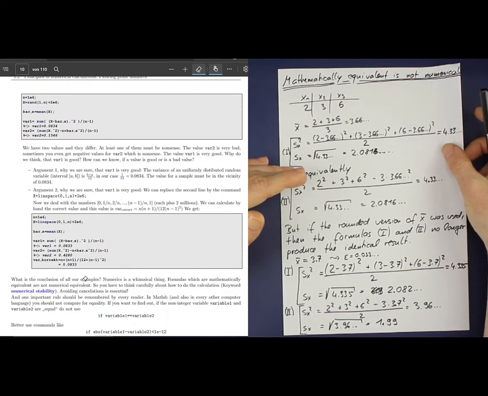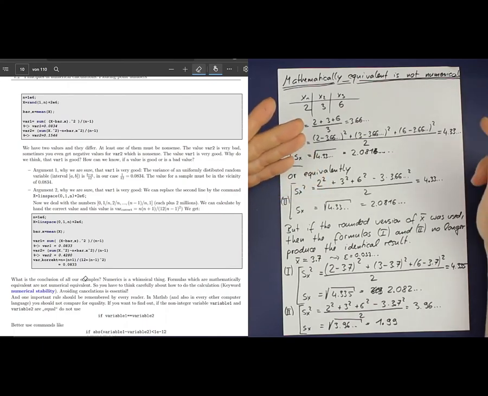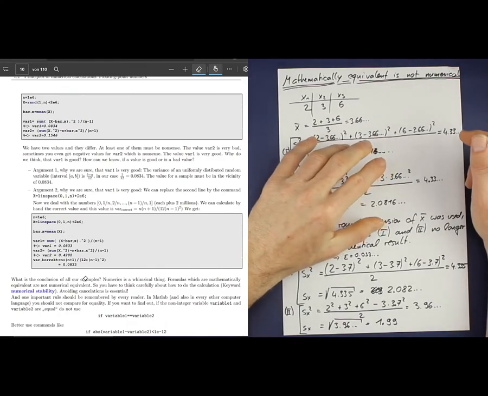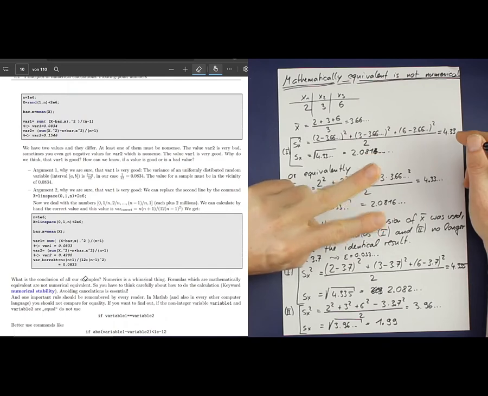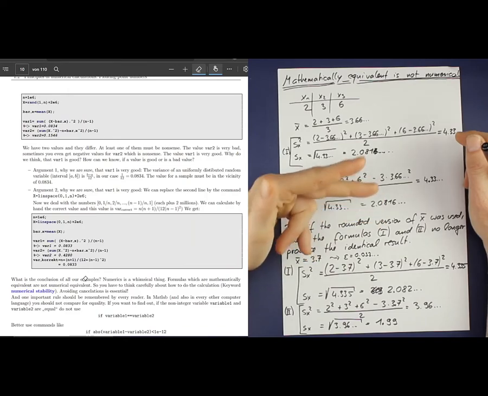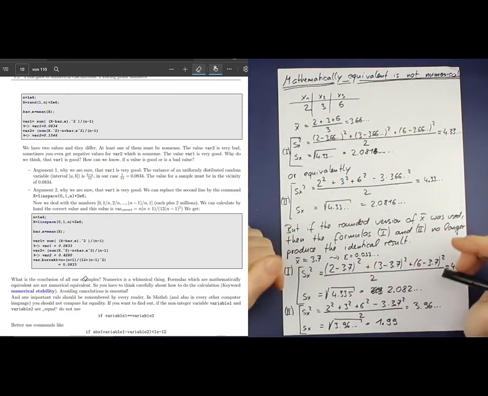And if they're equivalent, normal people say, okay, then you can choose which one you want to use. Doing numerics, if you're in the situation that there are 2 variants, then it's very interesting which one is the better one. And it's not clear from the beginning which one. You have to analyze these formulas.